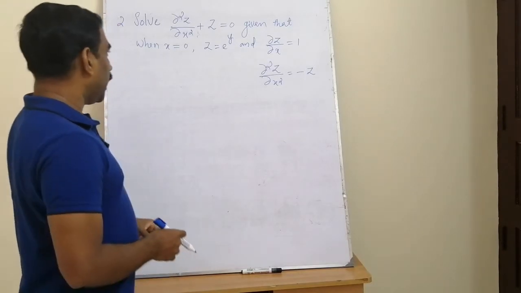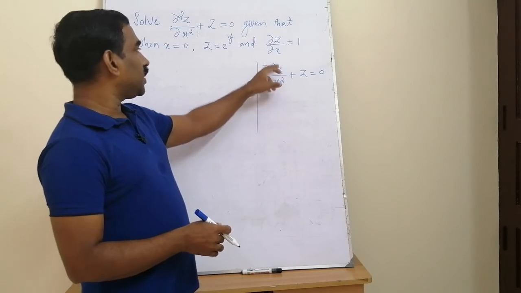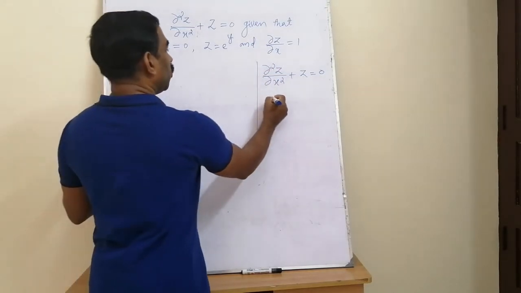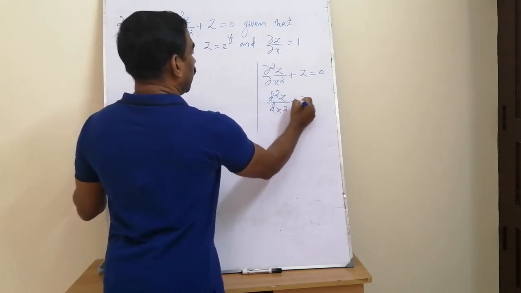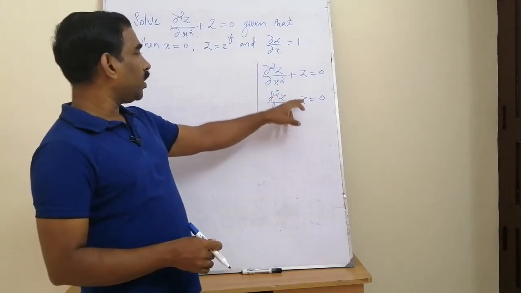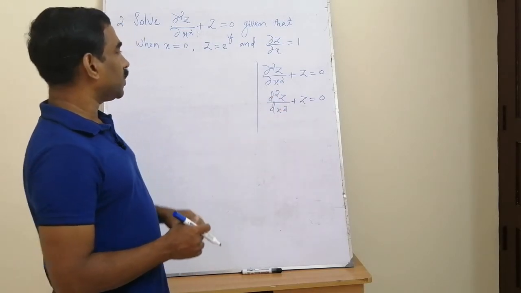So here we are going another way. For the time being, suppose that z is a function of x alone. Then instead of the partial derivative, this will become d²z/dx² + z = 0. So this is a simple second order ordinary differential equation with constant coefficients. We can easily find the solution.